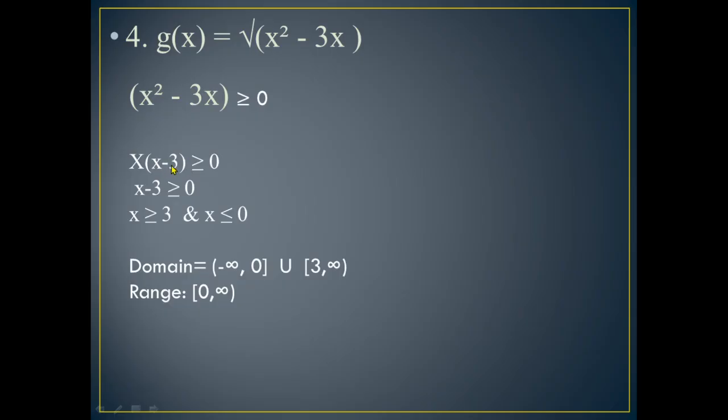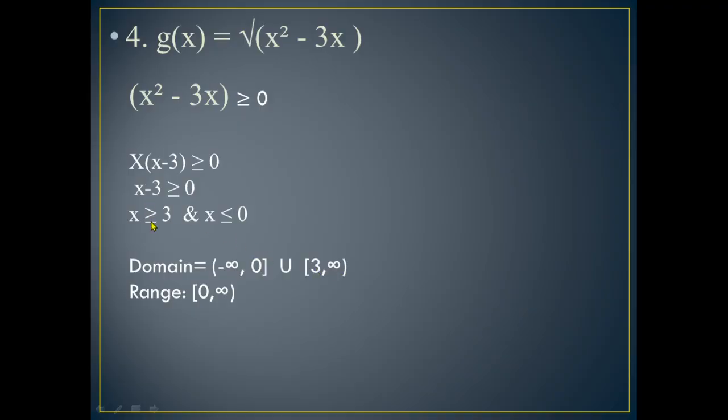From this, x greater than or equal to 0 or x minus 3 greater than or equal to 0. So x greater than or equal to 3 and x less than or equal to 0. So the domain is minus infinity to 0 union 3 to infinity.